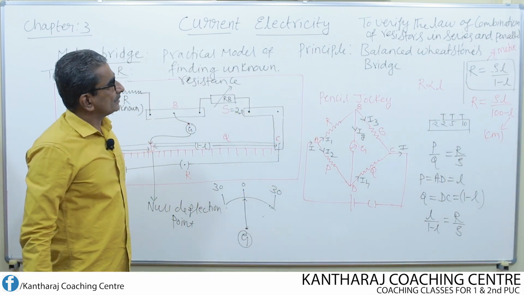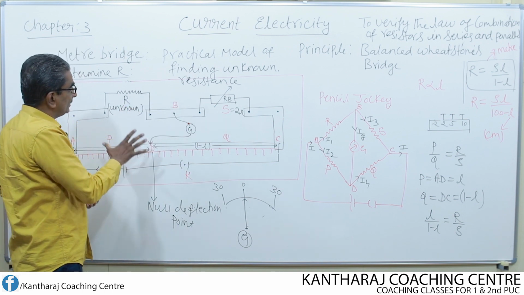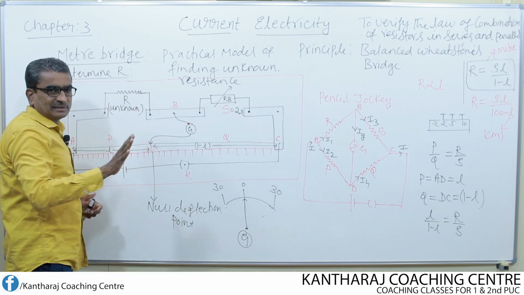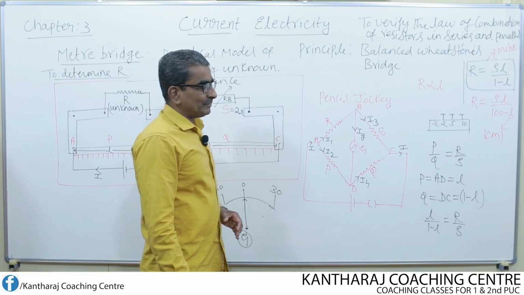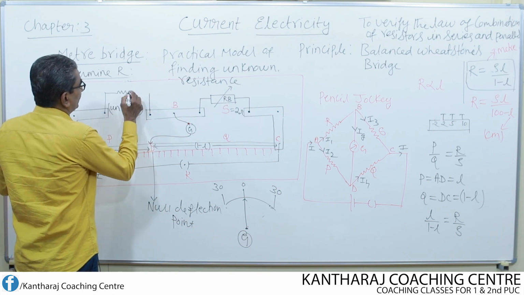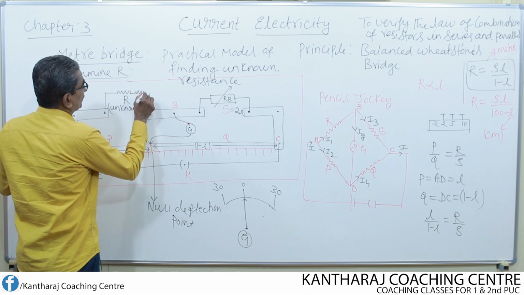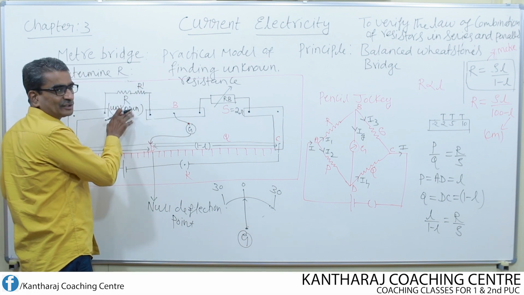Okay. So here, look, unknown resistance can be determined. That is one of the applications of the meter bridge. And one more application is by combining two resistors in series. Suppose this is one resistance and I connect one more resistance R dash, then what is the effective resistance of this series combination?